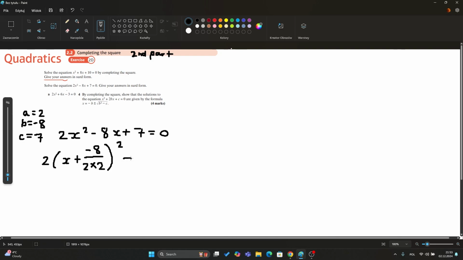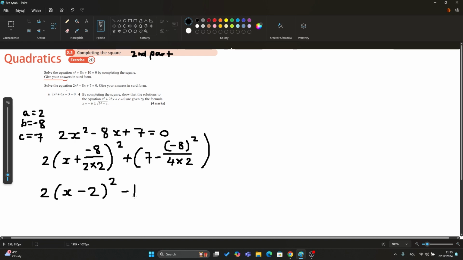Now we square this, plus the 7 minus 8 squared over 4a. So that is 2 times x minus 8 over 4, which is x minus 2, squared. And doing this on the calculator, 7 minus 8 squared over 4 times 2 is negative 1.